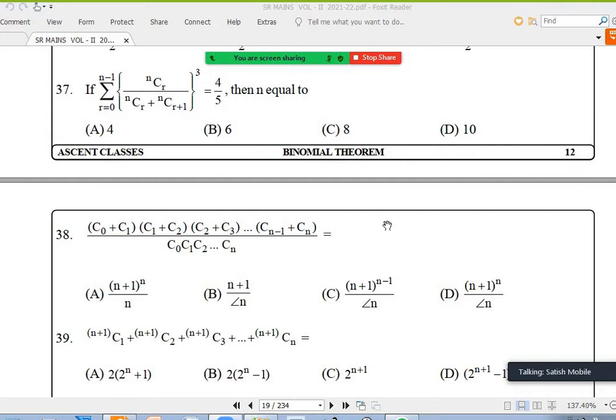Sigma r equal to 0 to n minus 1, NCR by NCR plus 1 whole cube is 4 by 5. They want us to find n.